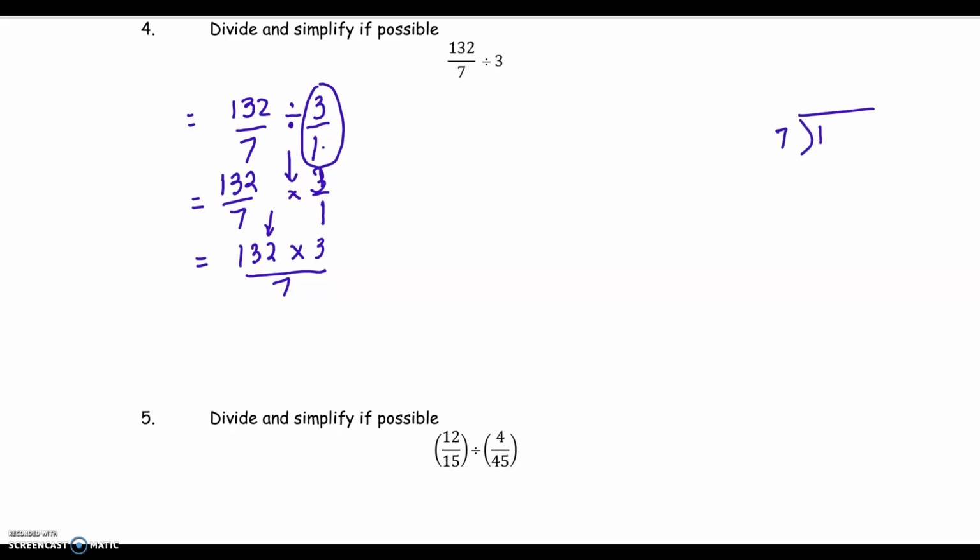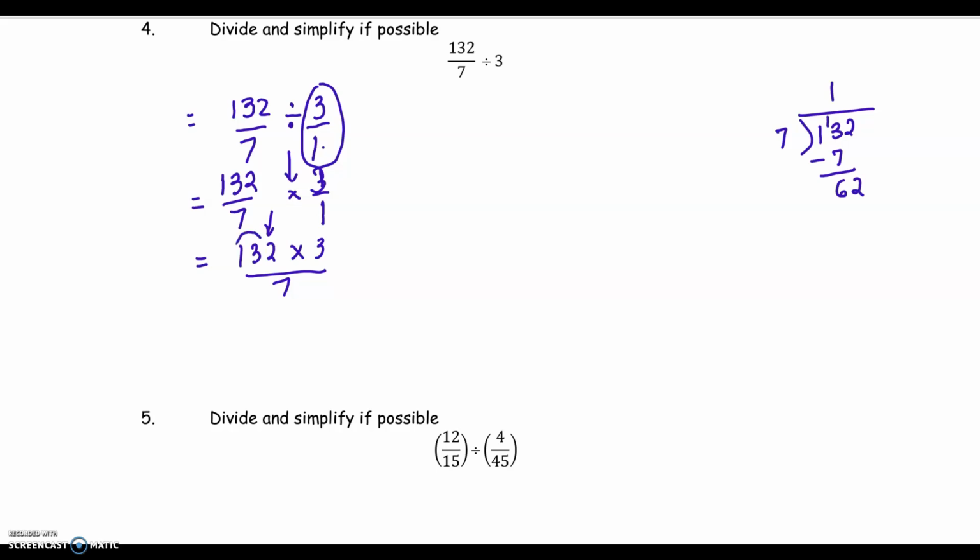Let's see how many times, if at all, 7 goes into 132. 7 times 1 is 7. When you subtract 7 from 13, you get a 6. And clearly 7 does not go into 62. 7 nines are 63. So therefore 7 does not go into 132.